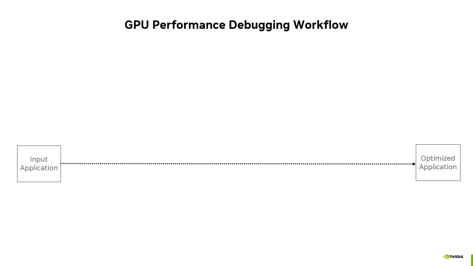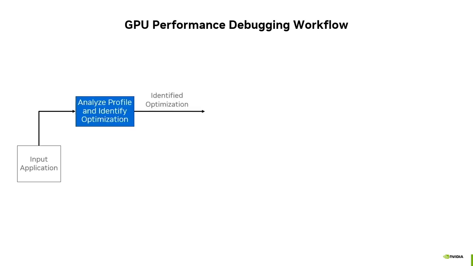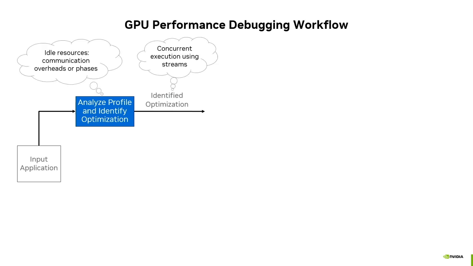So let's look first at what the debugging flow today looks like. Somebody starts with an input program, and their goal is to get high-performance optimized code. The first step is you use the profiler that NVIDIA has built, or other profiler tools like Nsight Compute or Nsight Systems, to get insights into your workload. Let's walk through an example.